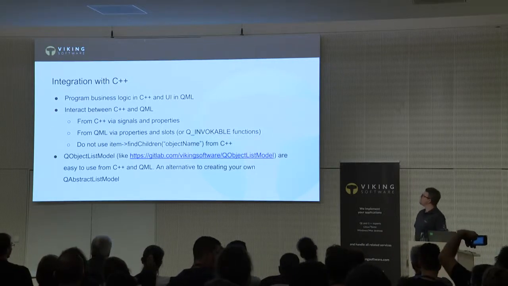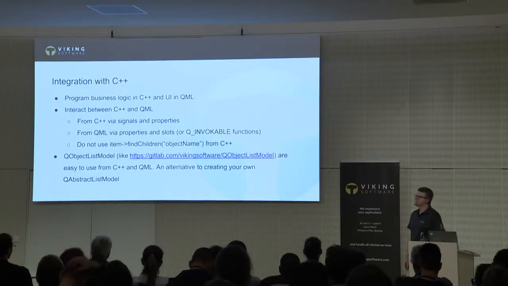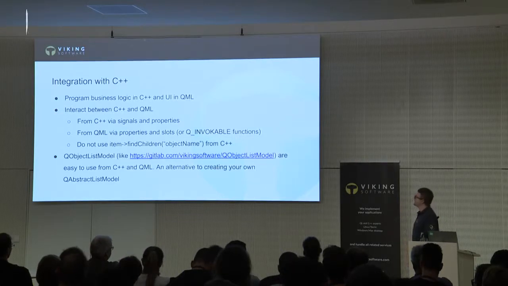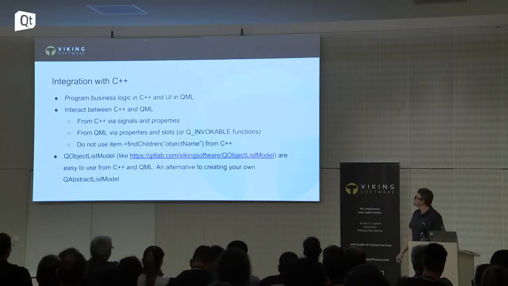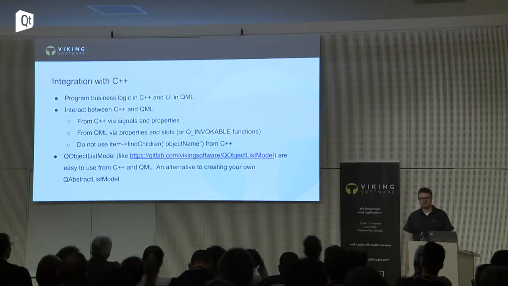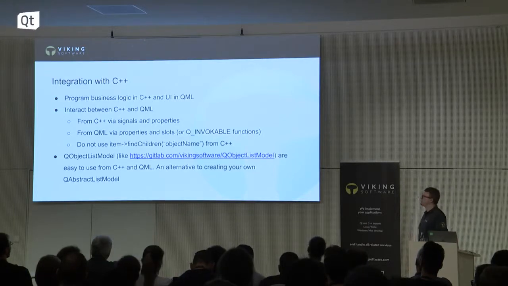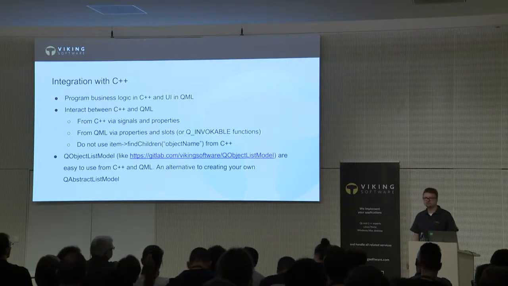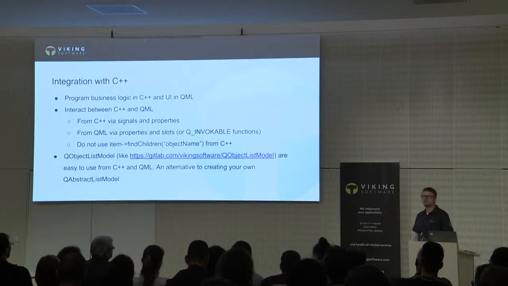And then there is this QObjectList model. There are different QObjectList models around on GitHub, GitLab, or wherever. This is the one that I use, improved a little bit. So using a QList object model is pretty simple. It's just this abstract item model or list model from QML.